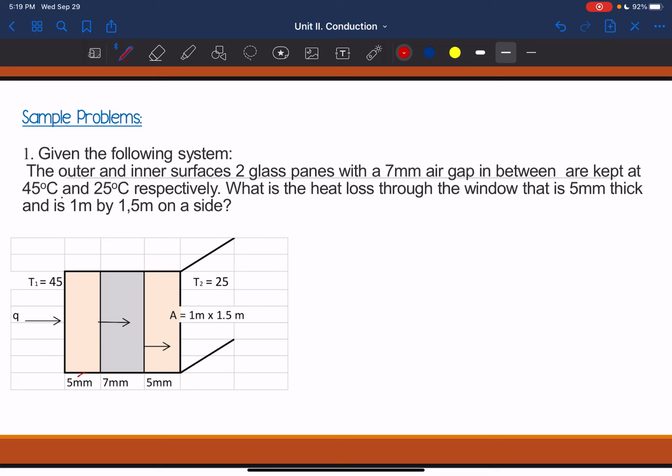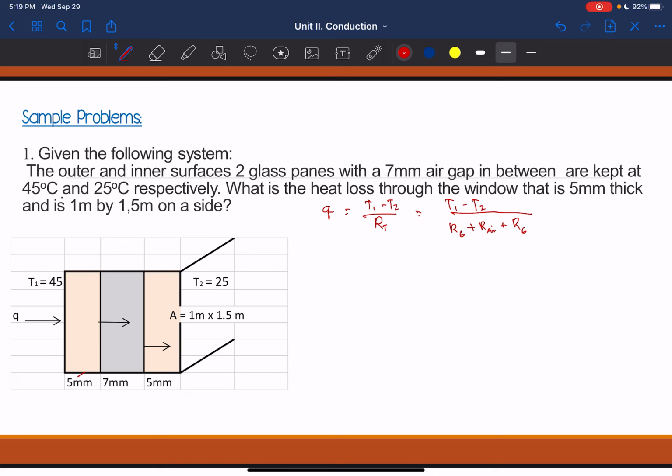Okay, so since it is in series, you would know that Q would be T1 minus T2 over the total resistances, RT. So you need to get the resistance of the first glass plus the resistance of the air plus the resistance of the inner glass pane.